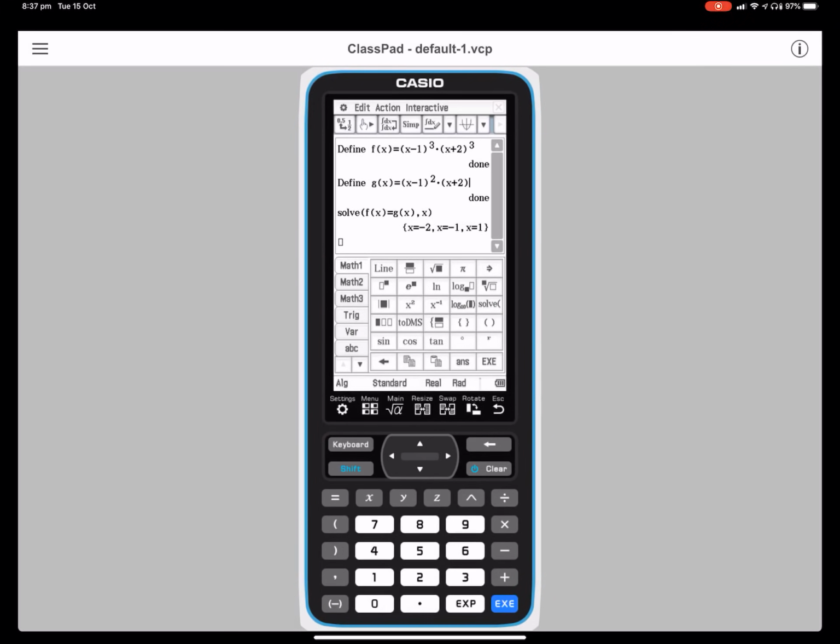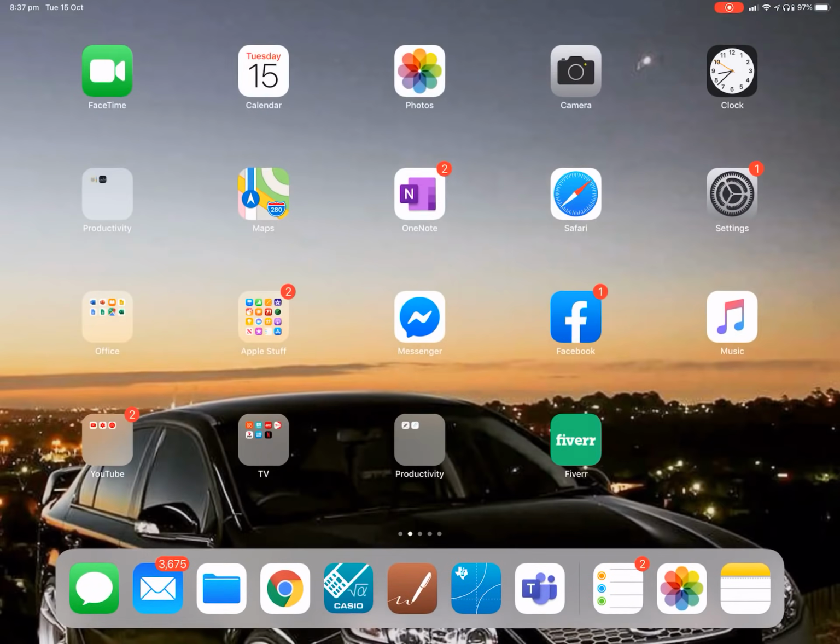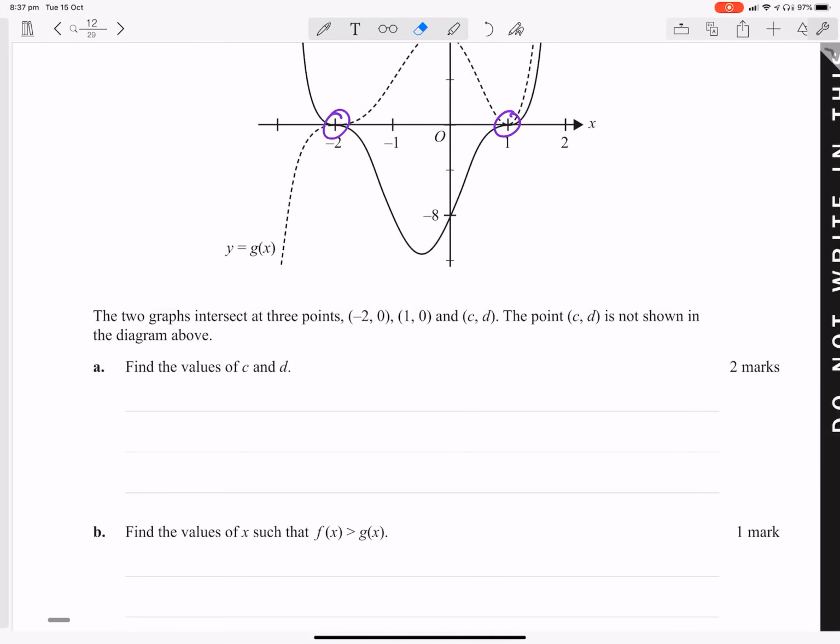Because I knew that I couldn't actually have those solutions. Okay, so our extra solution is 2. So we know if they intersect at 2, f of 2 and g of 2 will equal the same thing, which is 64. Okay, so c is the x value, 2, d is the y value, 64.